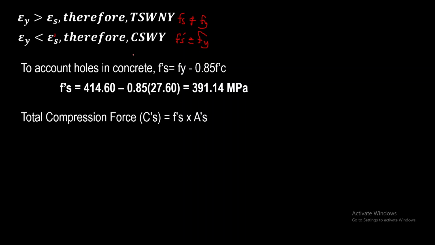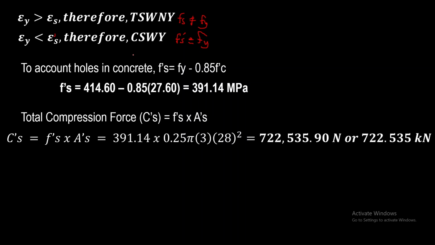For the compression force, C sub C prime S, is F prime S multiplied by the area of steel compression reinforcement, A prime S. That is 391.14 times 0.25 pi times 3 times 28 squared, and we have 722,535.90 newtons, or 722.35 kilonewtons.